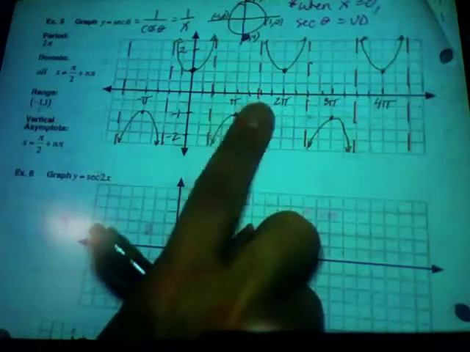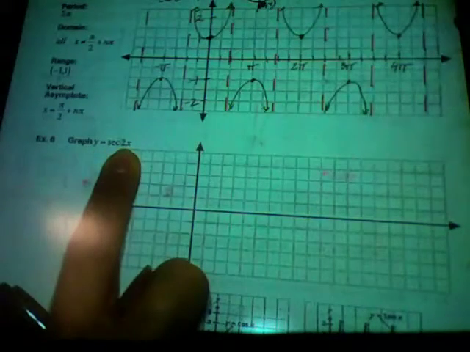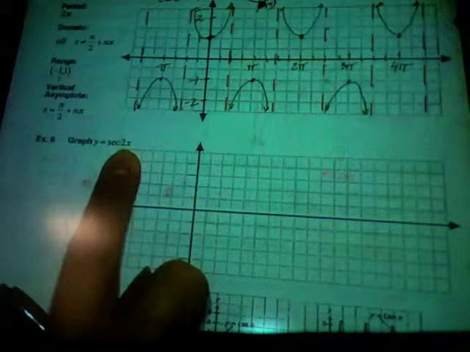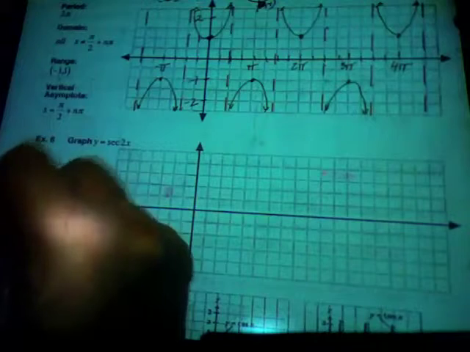Isn't that where your original asymptotes are? Doesn't this change our period, the 2 in front of the x? It's never changed anytime we've done any of these, sine, cosine, tangent, whatever. Mind you, our amplitude has not changed, but our asymptotes have.